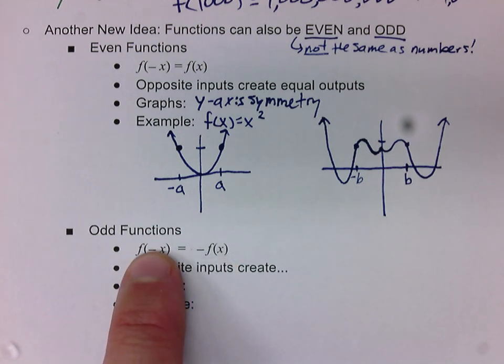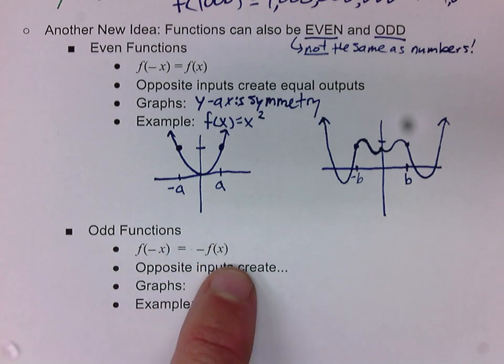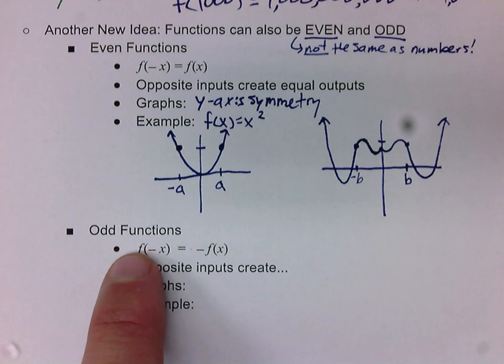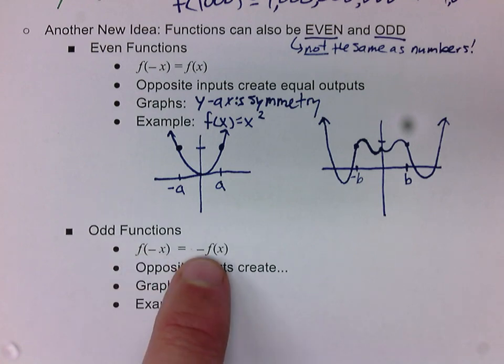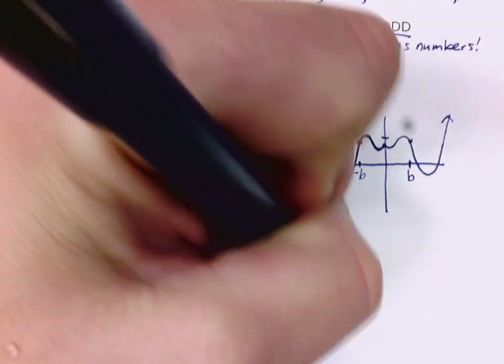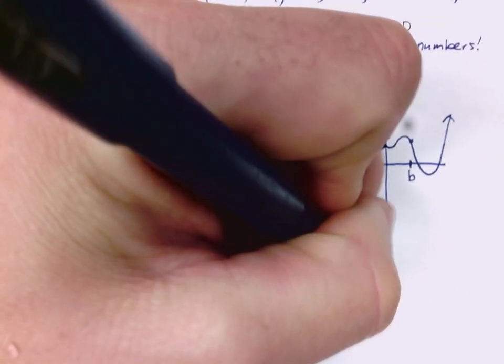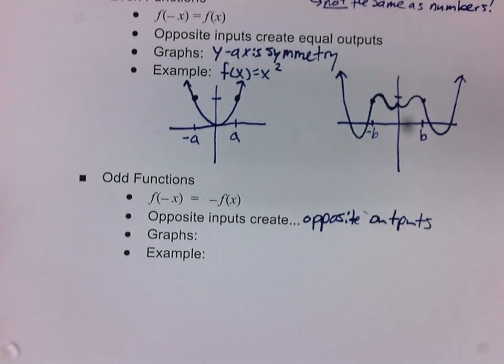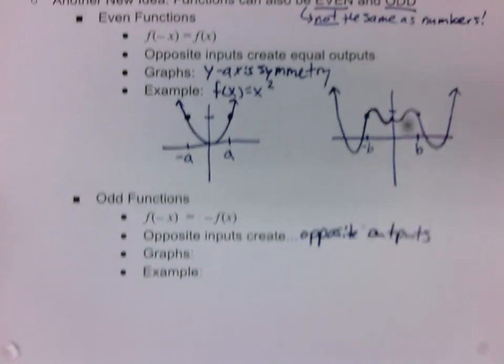If you take the negative input and put it in versus the positive version of it, you'll notice the function outputs are not identical, but they are also opposites. So opposite inputs create opposite outputs, which also has some interesting graphical interpretations, just like even functions did.